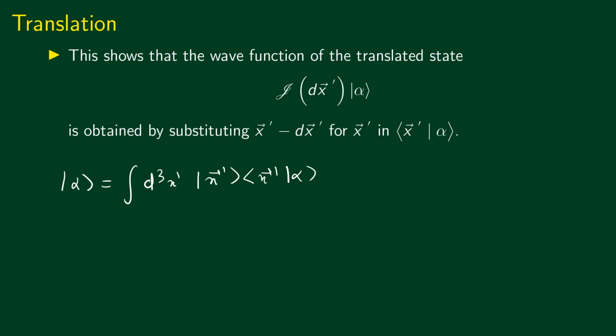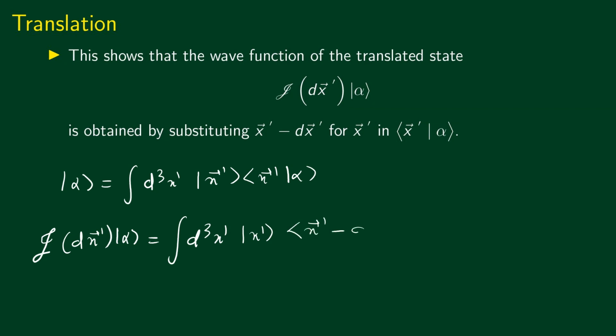Now let's look at the translated state. The translated state is given by the action of J of dx' on ket alpha. We saw that we could write this as the integral d cubed x' ket x', again expanding the translated state in the position eigenkets, with bra x' minus dx' ket alpha.